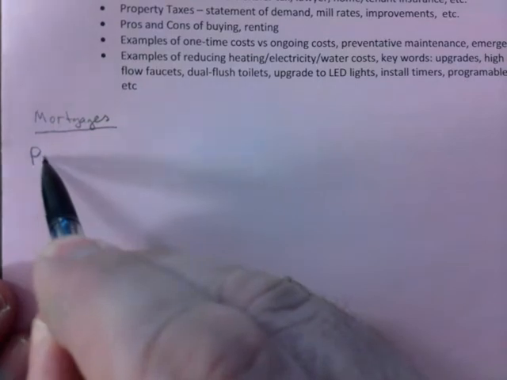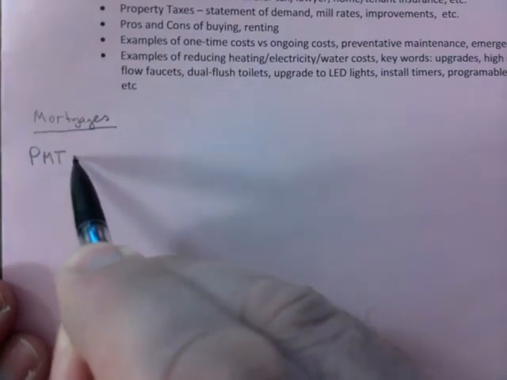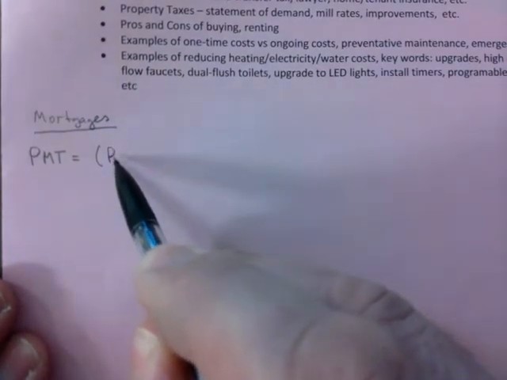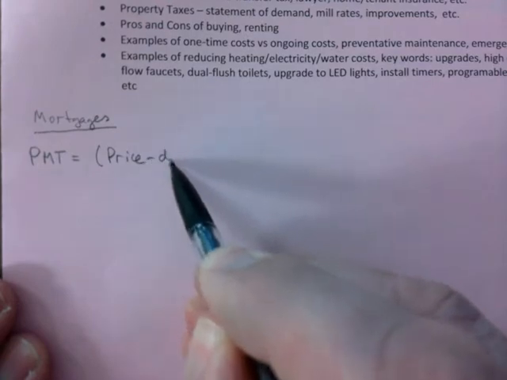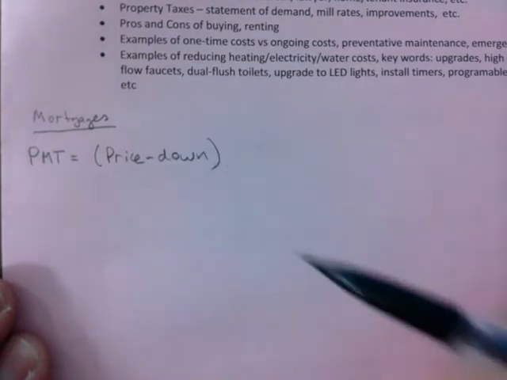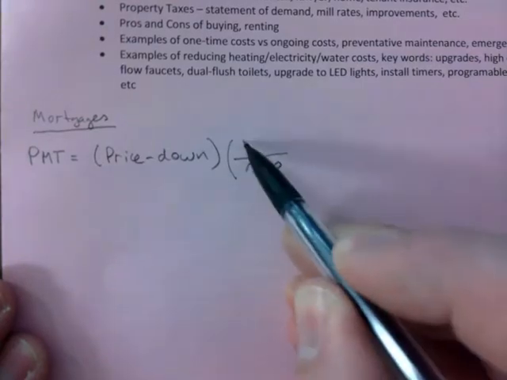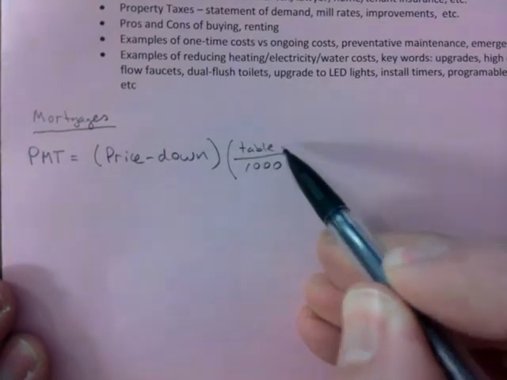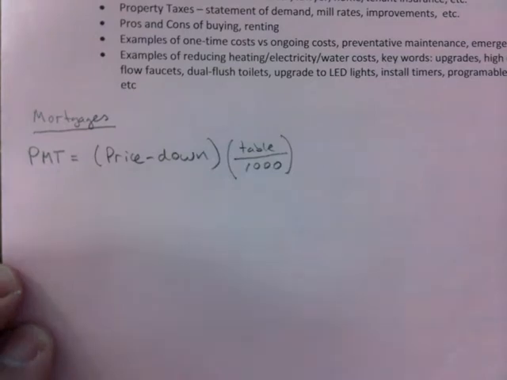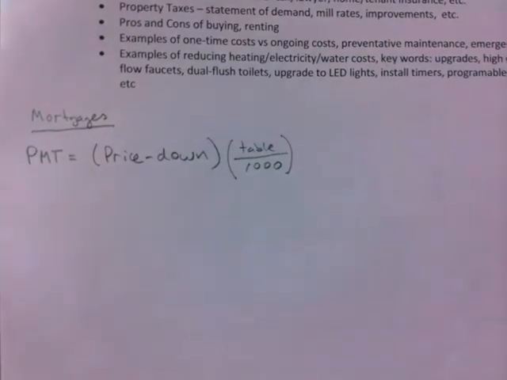The payment is going to be the purchase price minus a down payment. You take a table rate and divide it by 1,000. Remember that table rate only shows up here. You don't use it ever again in any other formulas or calculations.